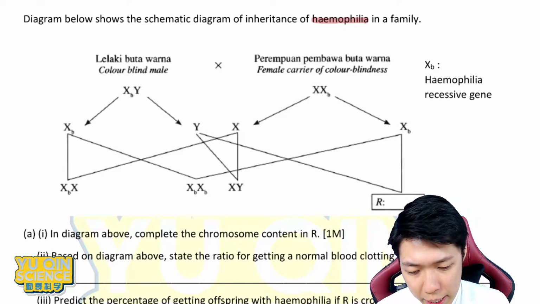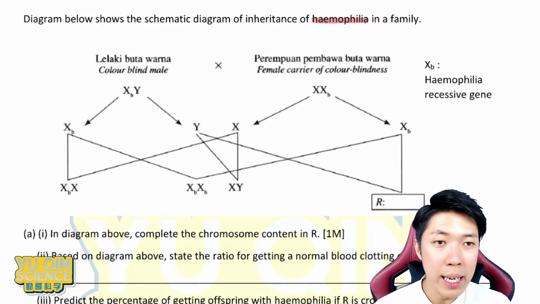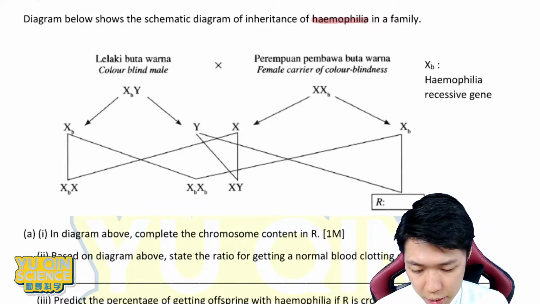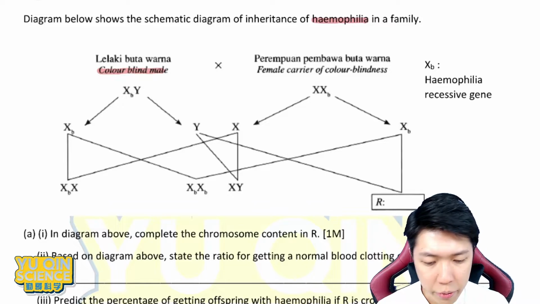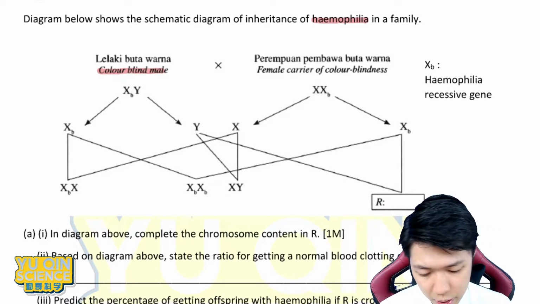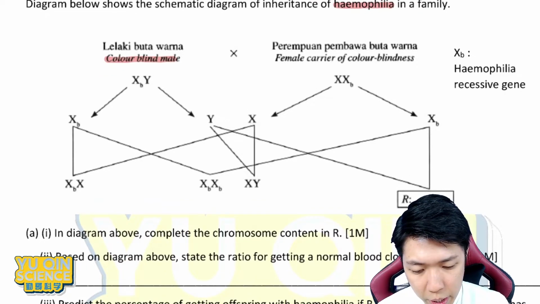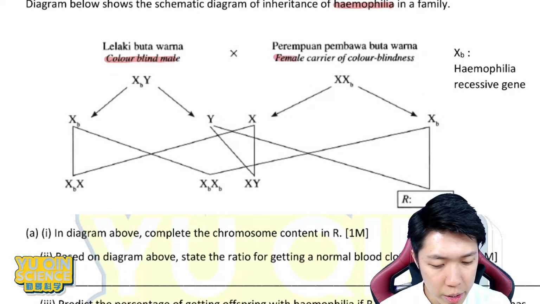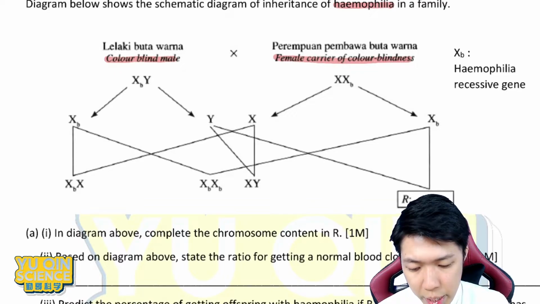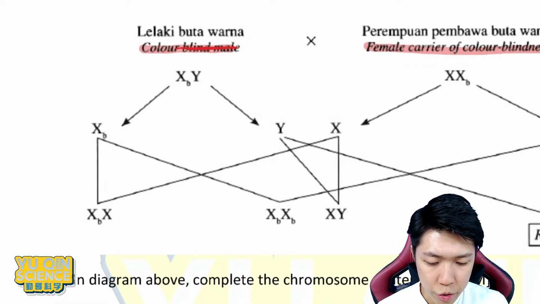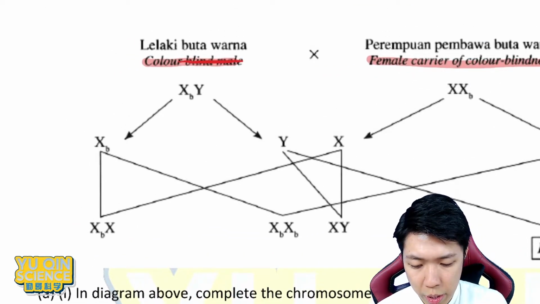So daddy is considered colorblind. Why hemophilia and then colorblind? I think there's a mistake here. It must be hemophilia. Female carrier, colorblindness. Sorry, let's make some corrections. This shouldn't be colorblind male, let's just cancel the whole thing.